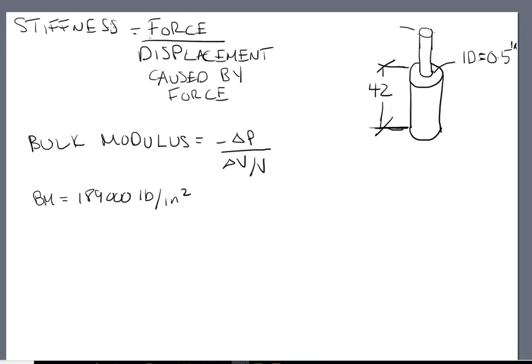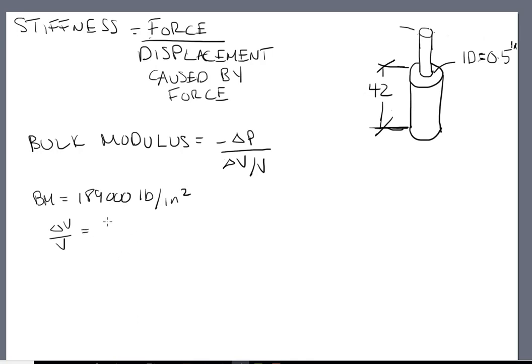So knowing stiffness is equal to force over displacement caused by the applied force, let's break down this equation. In the case of this linear actuator, what is delta V over V? Delta V in this actuator is really going to be the change in length.